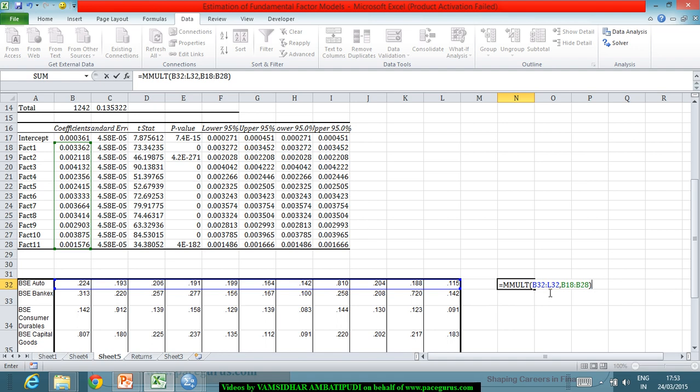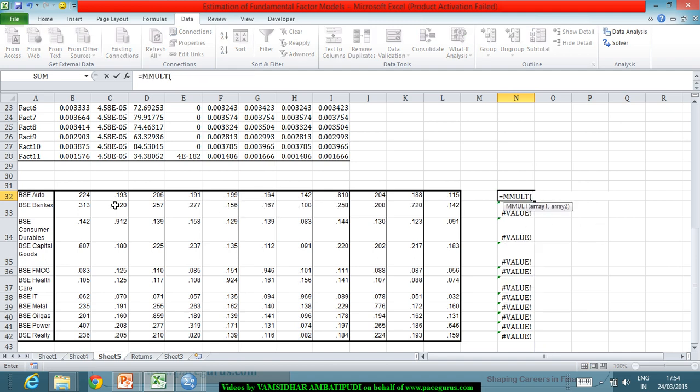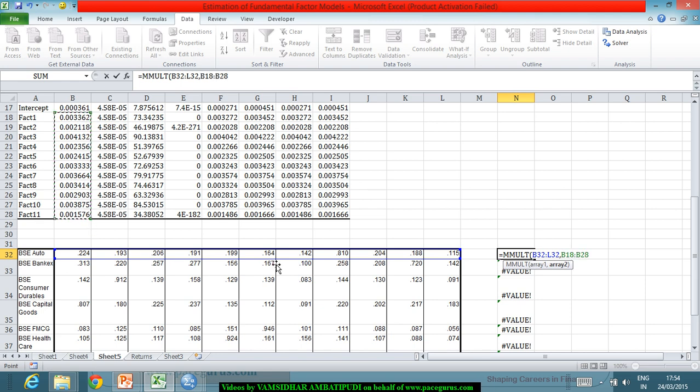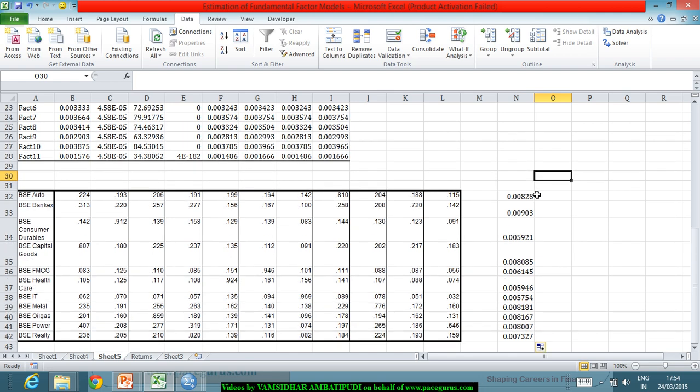I'm doing a matrix multiplication between these two sets, giving me that this is the coefficient, and across all the rest. Let me again do it. Matrix multiplication between this set, comma, this set, right? Between these two sets, if I'm doing a matrix multiplication, yes. So these are the coefficients that are actually coming up.